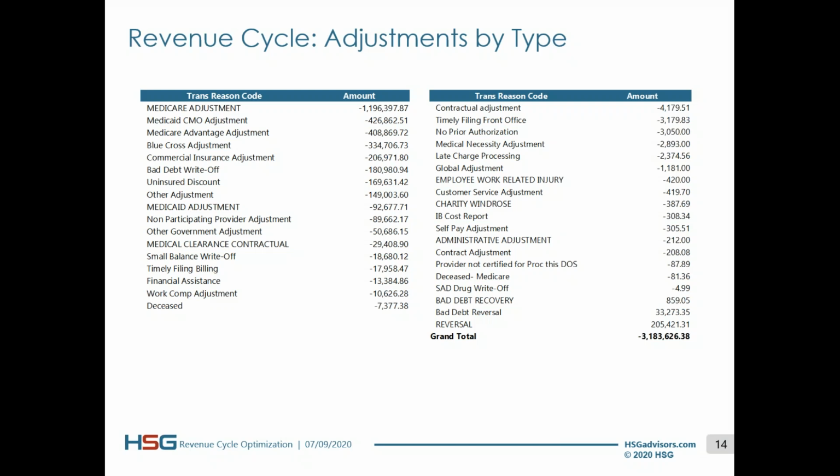Does that really make sense? And should it be there? What are all their other adjustments and that sort of thing? And this is a pretty expansive list. I would suggest that we have in this case a much smaller list of adjustment types.